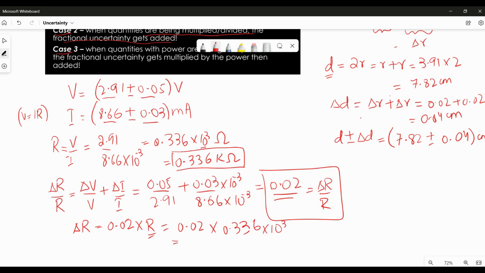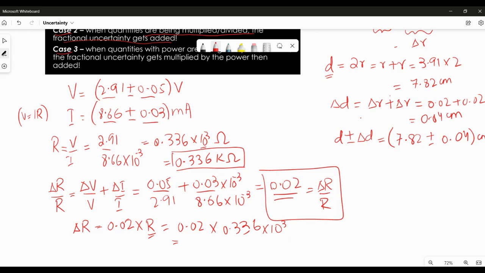The answer, and since we are measuring resistance average value in kilo ohms, its absolute uncertainty will also be calculated in kilo ohms, because as we saw previously, whatever is the unit of the average value of data, same should be the unit of its absolute uncertainty.